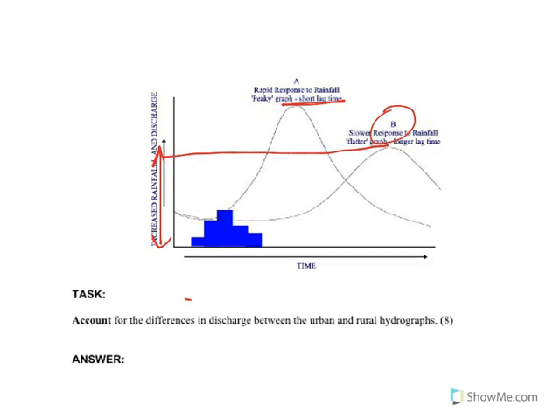You might have some lochs, for example, that will hold on to a lot of the water as well. Okay, so those are the key reasons for the differences between our two graphs, our urban and our rural. And A, just to remind you, that is our urban, and B would be regarded as our rural hydrograph.